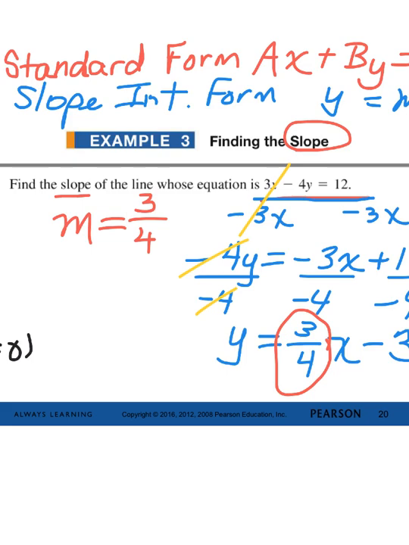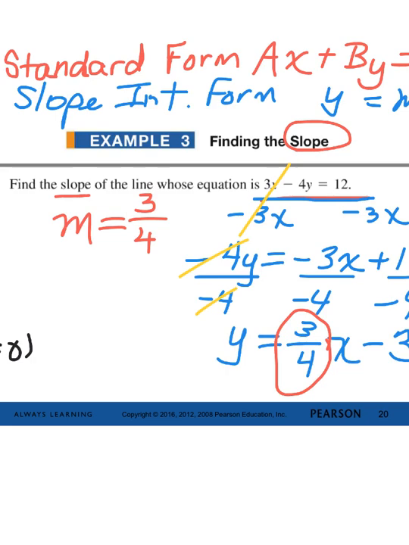And that gives me then that x is equal to 4. So that's the point 4, 0. Similarly with the y-intercept, we're going to let x be 0.